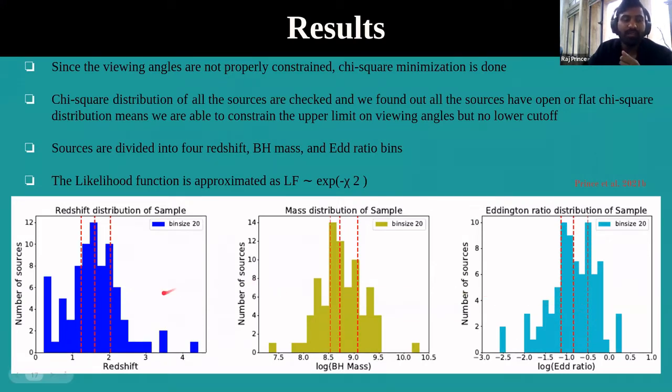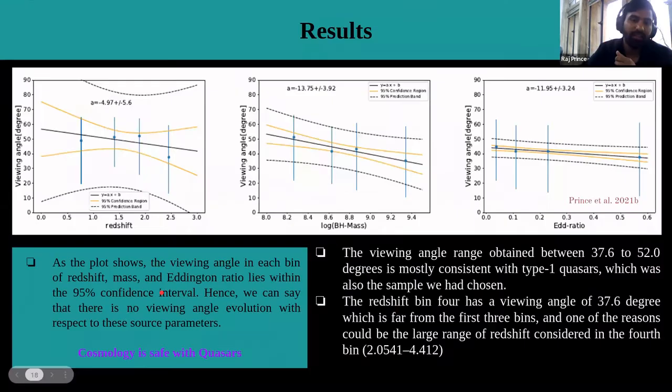So we measure the viewing angle for all the sources, and then we divide them into different redshift bins. Here we have divided into 4 redshift bins, and similarly 4 mass bins and Eddington ratio bins.